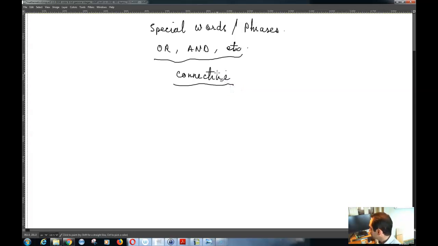When we use these compound statements, it's necessary to understand the role of these words. We discuss them here. So the first word that we want to discuss here is the word and.